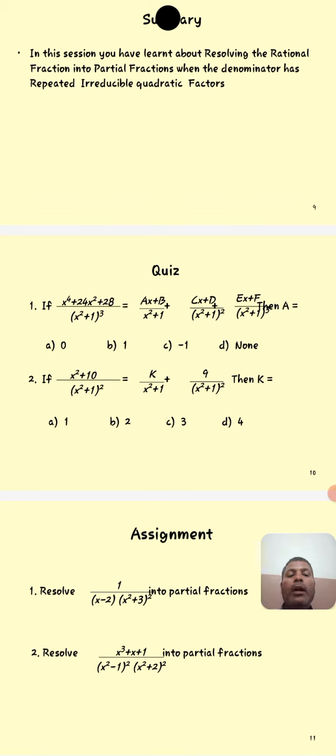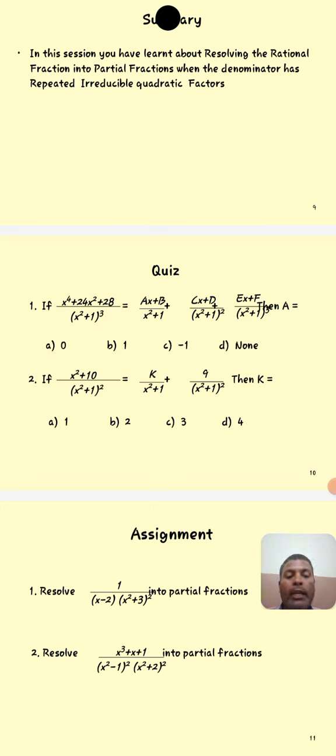Then after that we have to choose the different equations. Then after simplification we have to find out the a value, b value, c value, d value, e value, f value, g value and also h value.